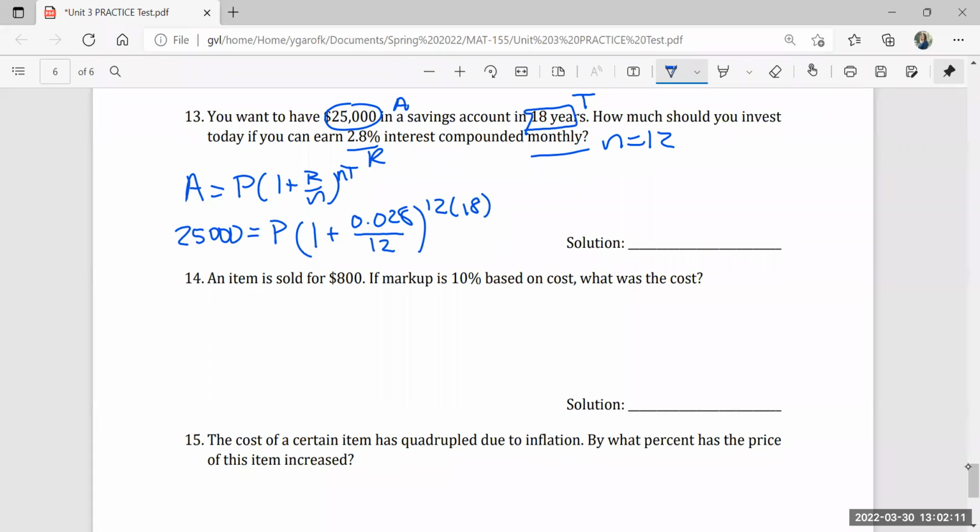Okay, so we're going to solve this one for P. We're going to take 25,000 over all of this.